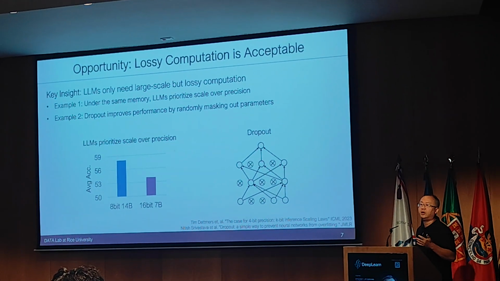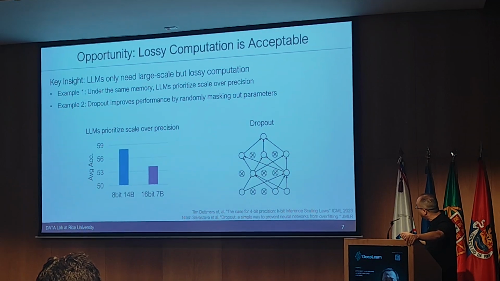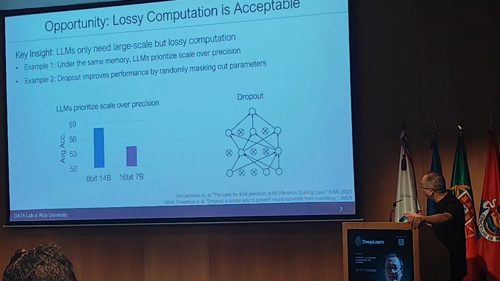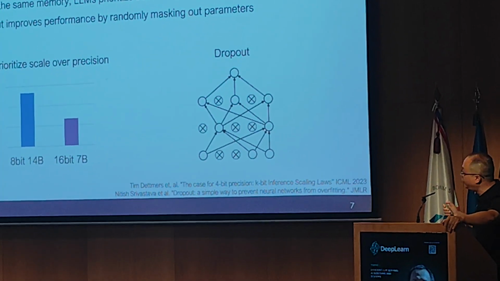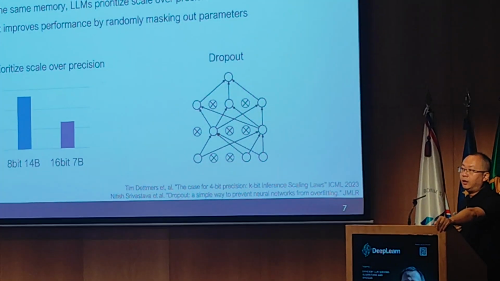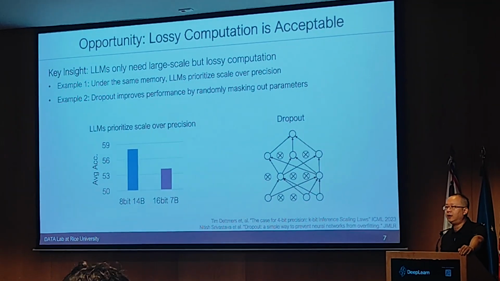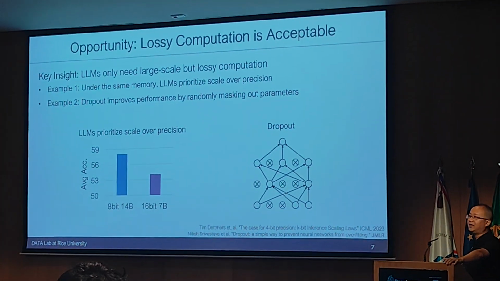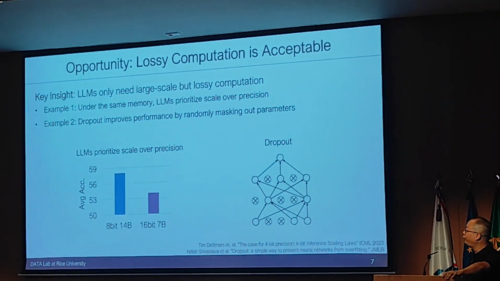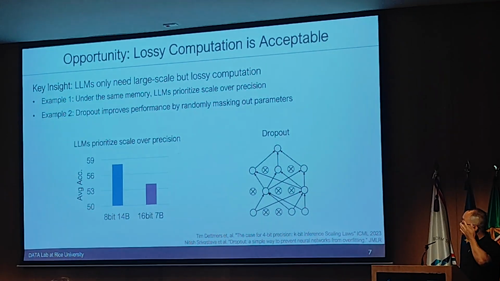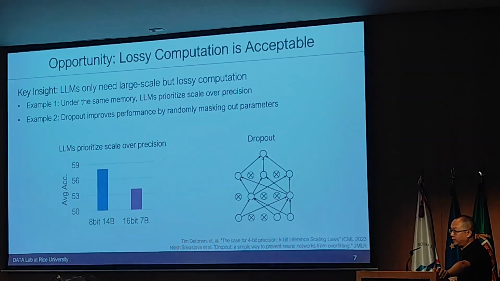By comparing them, we can say the first model achieved much higher accuracy and better performance. This demonstrates that we don't really need that precise representation of all of the weights. Rather, we would prefer a larger number of parameters. That's why larger models tend to have an advantage in computation.